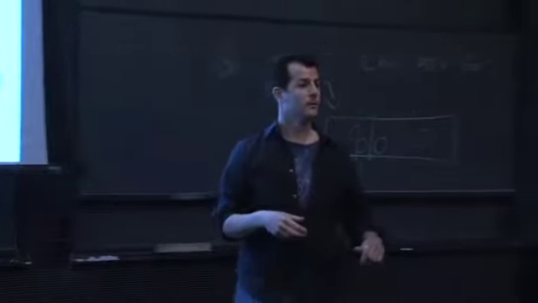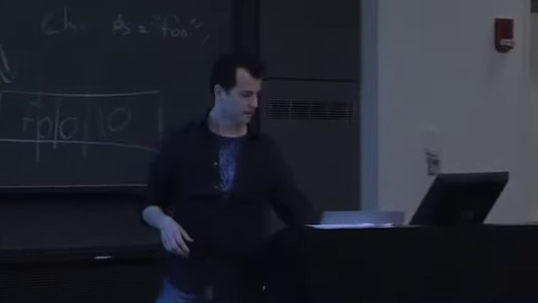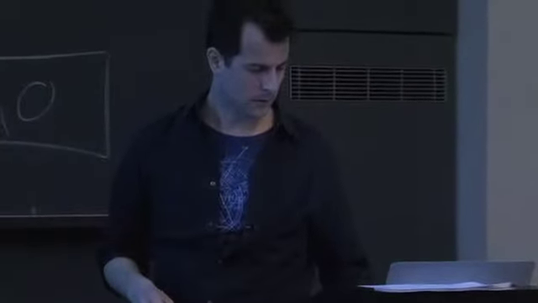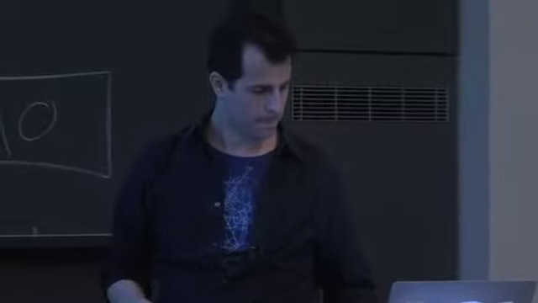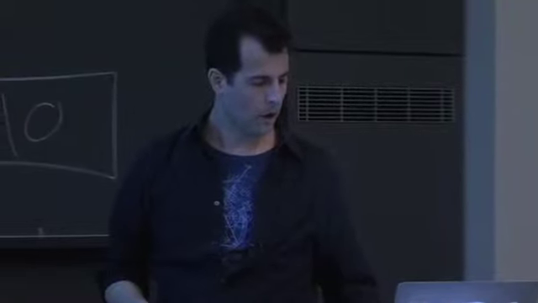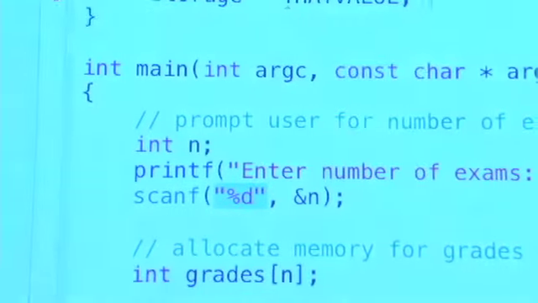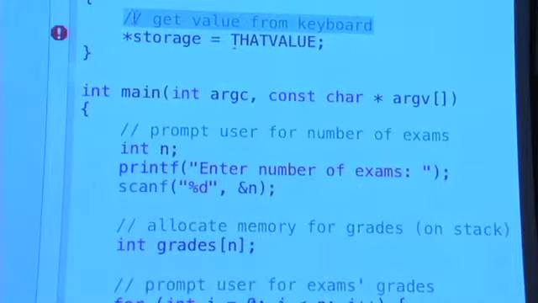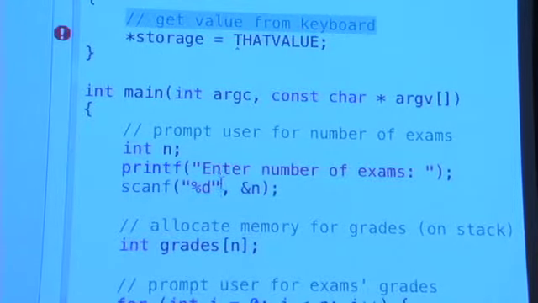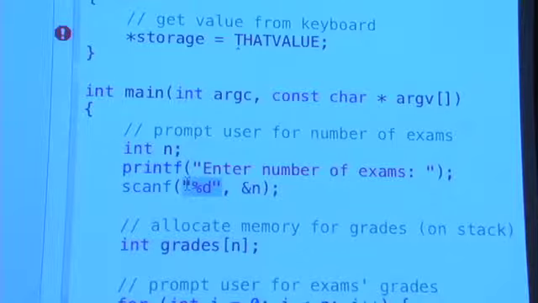Sorry, just on scanf, the %d, is the star format, I mean, are you passing a reference in scanf, or are you passing the star format? Oh, this here? Yeah, so I ignored this detail. Assume that this whole format string is somehow used in this pseudocode, this comment. So %d is a format string, and it doesn't have to be one.